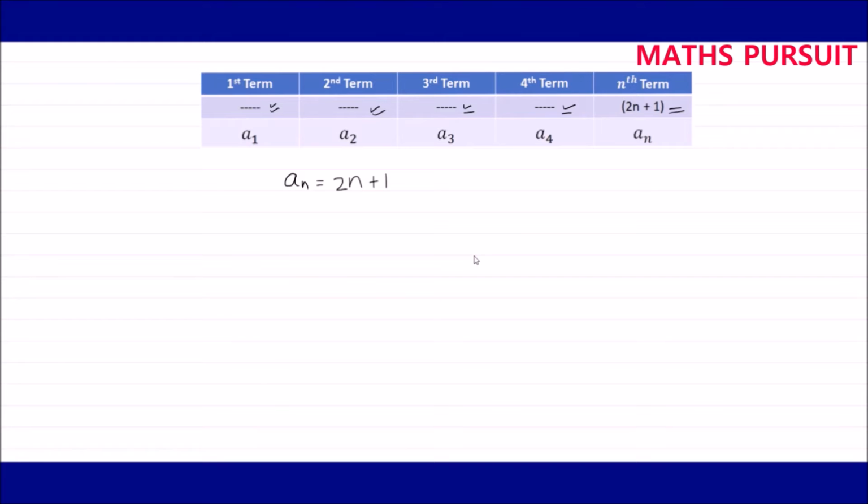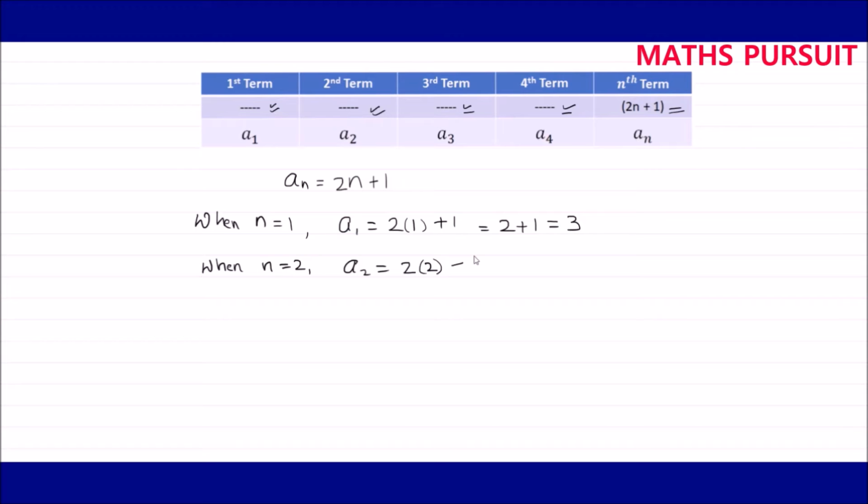Let us do it like this. When n is equal to 1, that means when n is our first term, what will we get? A1 is equal to 2 into 1 plus 1, that is equal to 2 plus 1, that is equal to 3. So the A1 value is 3. Similarly, when n is equal to 2, A2 is equal to 2 into 2 plus 1, because it is 2n plus 1, what is being given in the question.